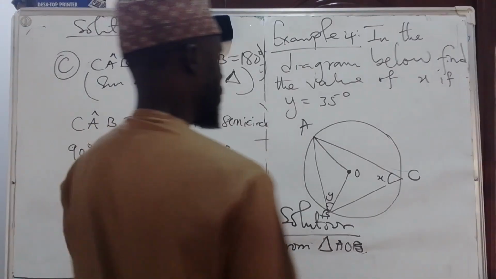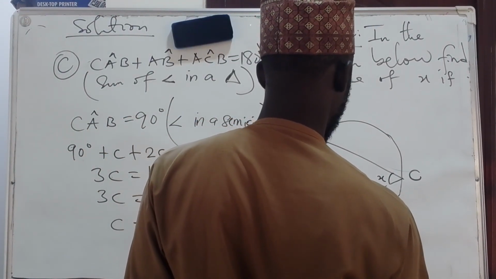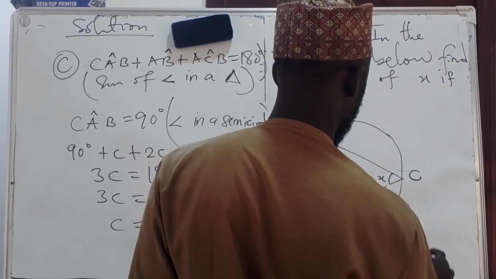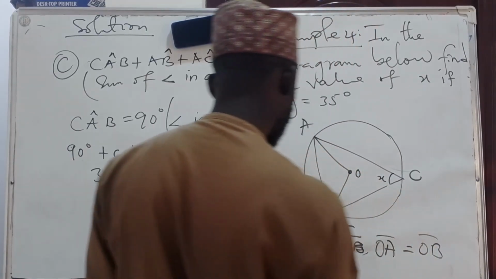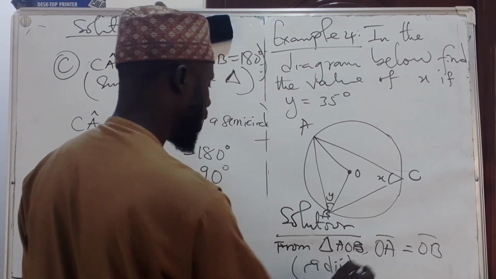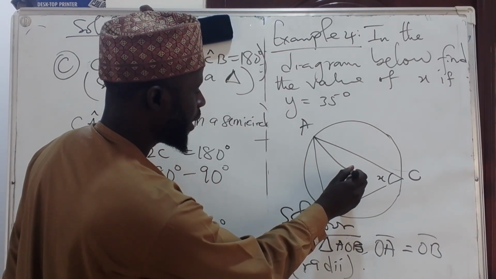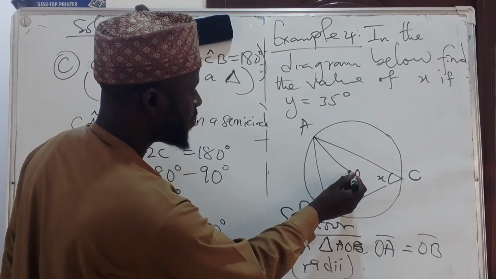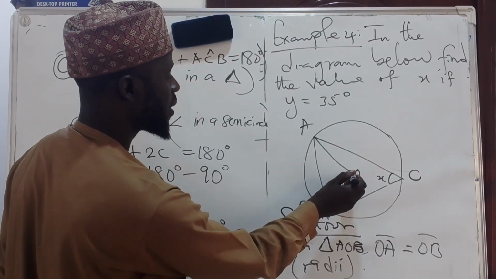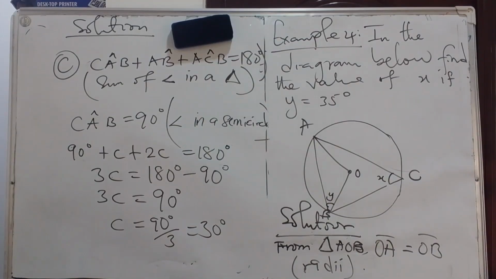We have line OA equals line OB. What is the reason? These are radii, the plural of radius. Observe that line OB starts from the center to the circumference, and similarly line OA. So therefore, each of the lines is a radius.